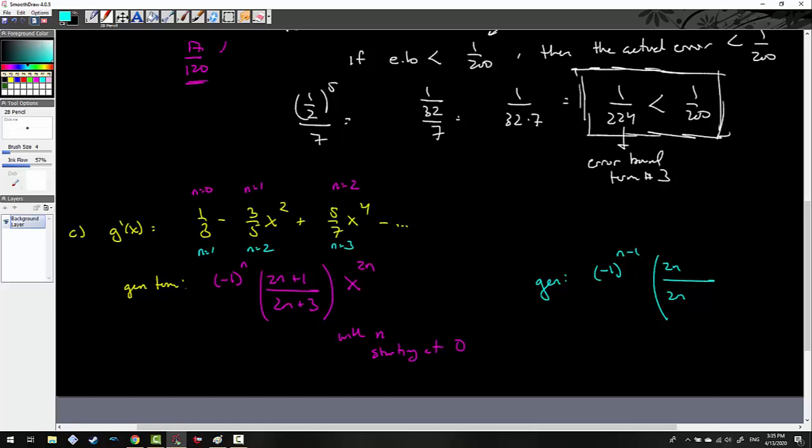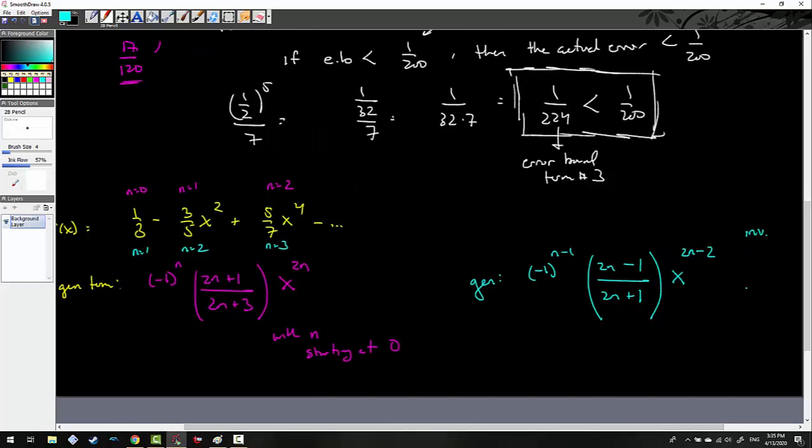So I would say 2n looks like -1 would be how I begin if I began at n equals 1. And then looks like I would go with +1 on bottom, and then x to the 2n minus 2 would be my piece right there. So from here, that would be with n starting at 1. So it just depends on how you want to begin the general term and where you want to begin it with.